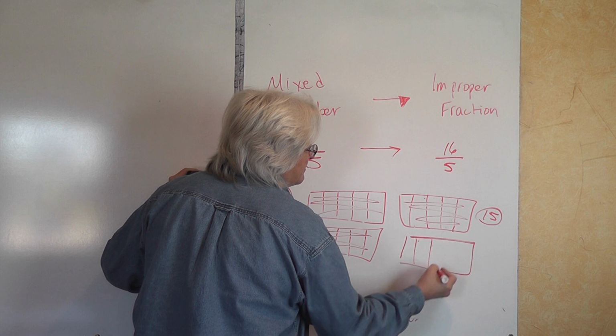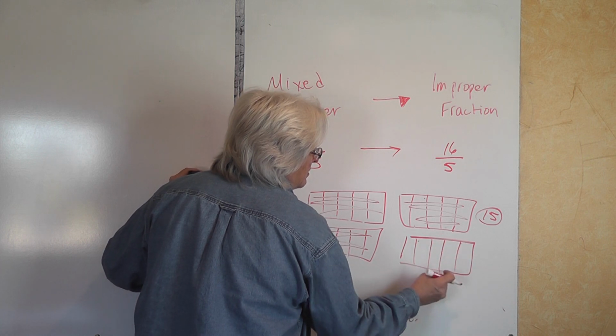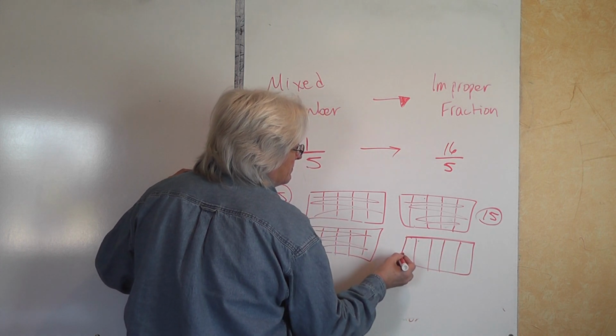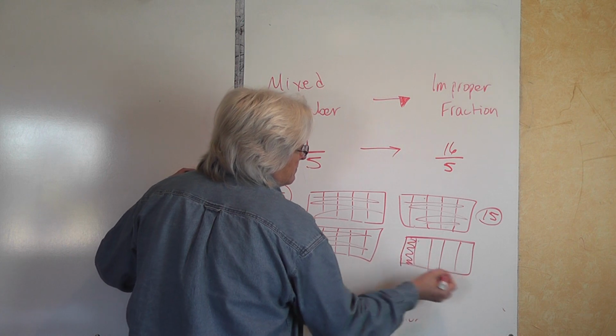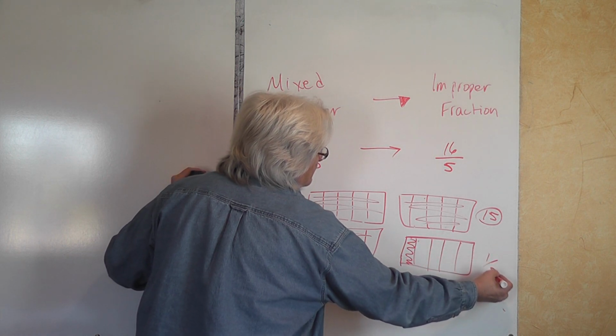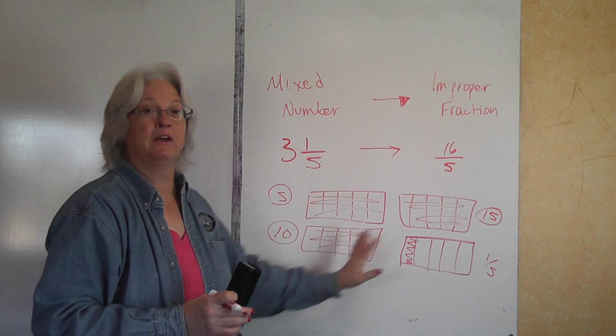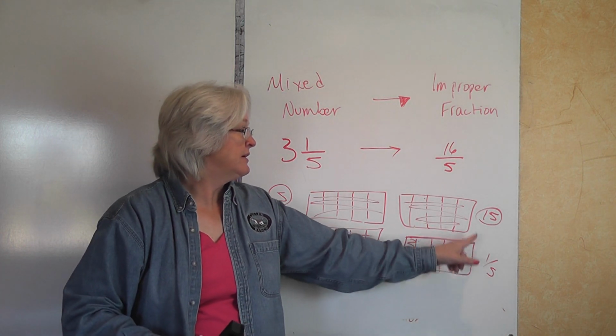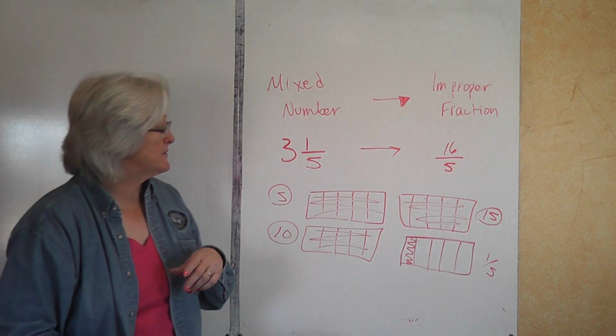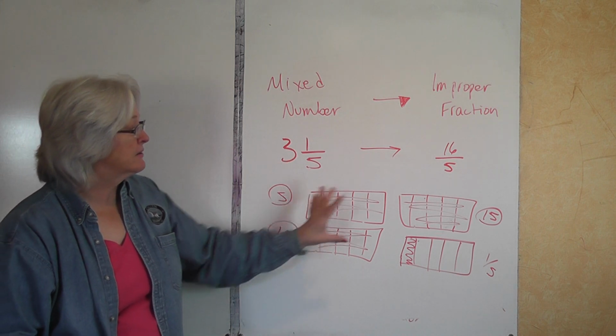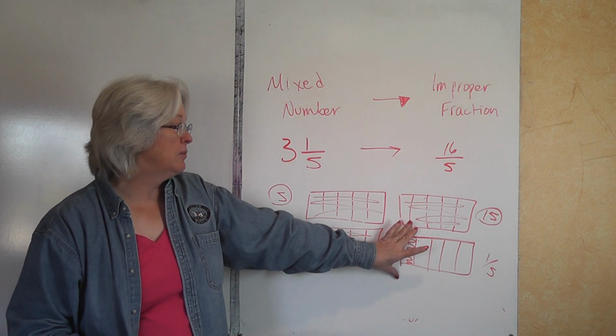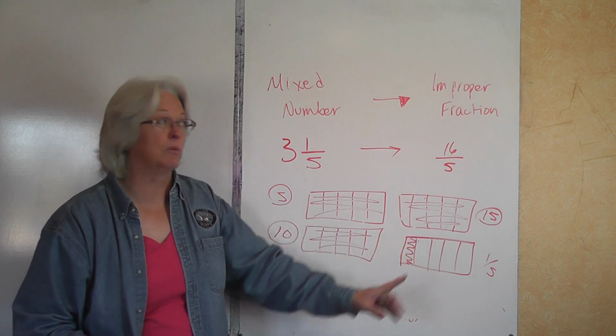And then we have 1/5. So 5, 10, 15, and 1 gives us a total of 16/5. We have 3 whole rectangles and 1/5 of another one.